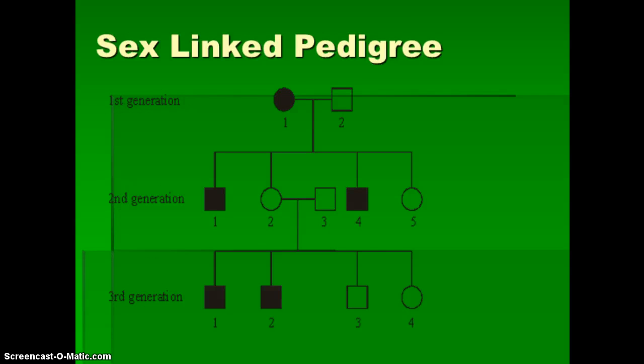Again, we can use the pedigree that you've used earlier in the chapter to look at the passage of these traits. We look at the first generation here, where the circle is the female and the square is the male. Passing this on, we have a male getting it and another male getting it.